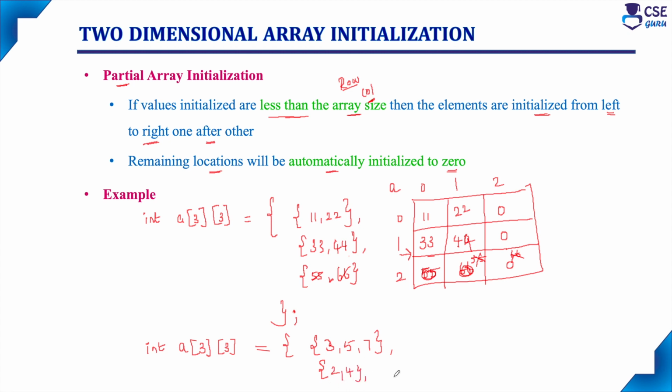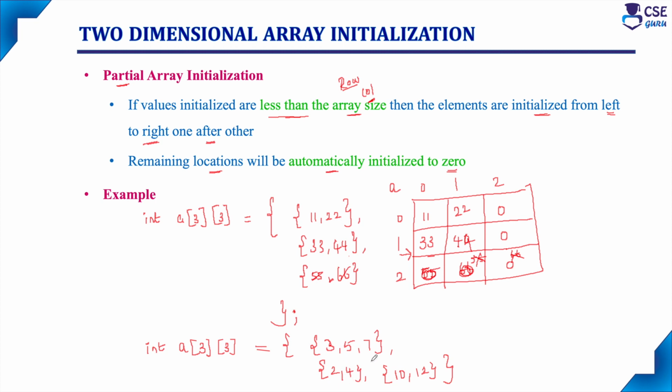And in the third row, I have specified only 2 values, 10, 12. If I specify like this, this will raise an error, because in the first row I have specified 3 values, and in the second row only 2 values. That is not possible.